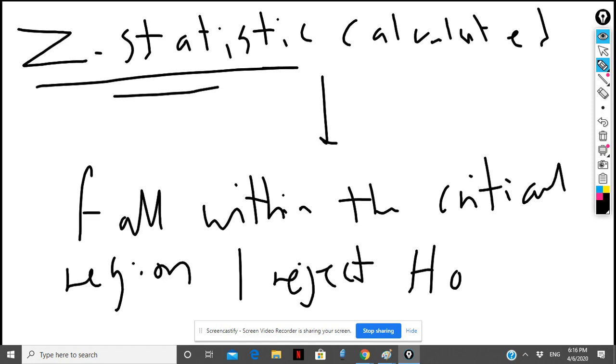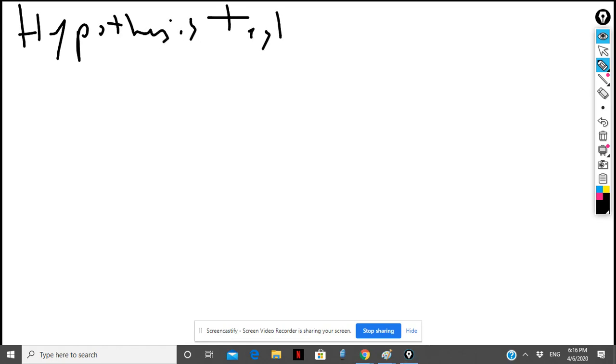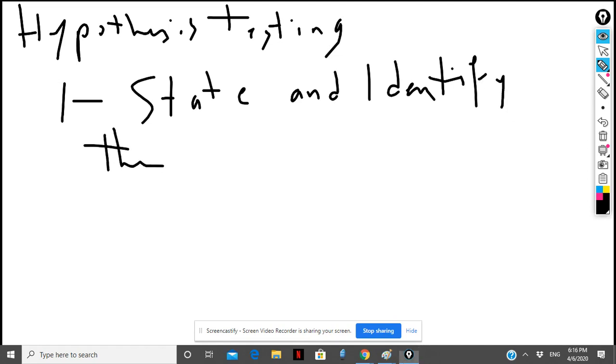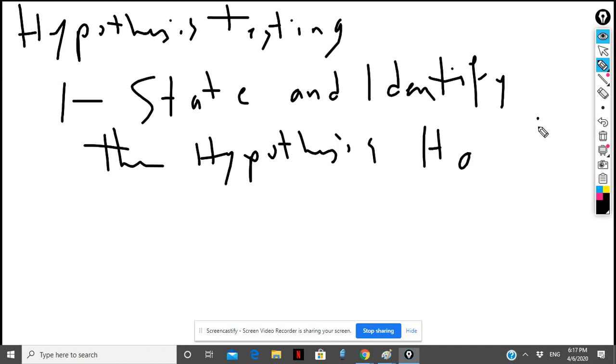Okay, so if I'm going to do a hypothesis test, I have to go through some steps. First, I have to state and identify the hypothesis, either H null or HA.